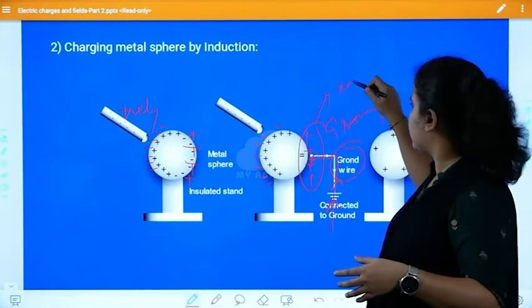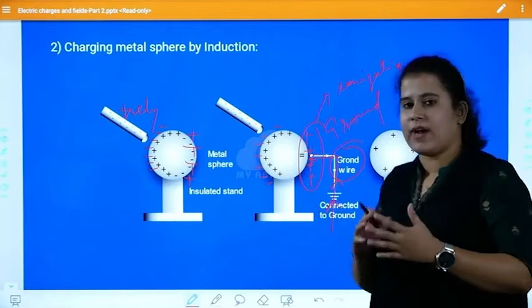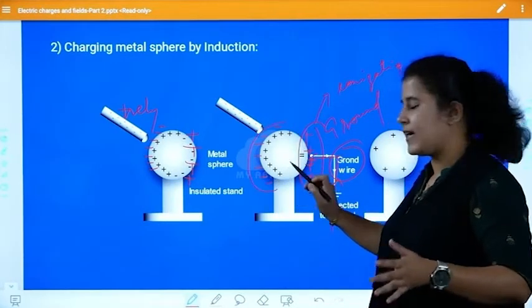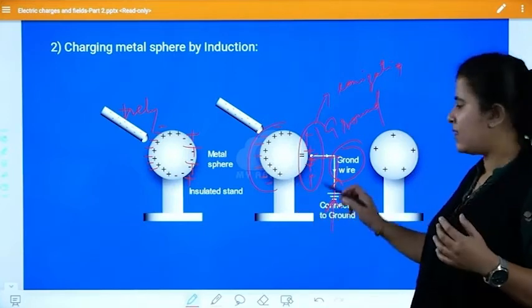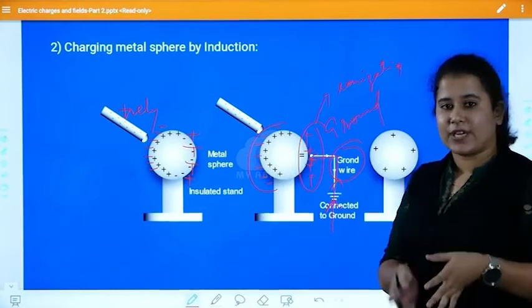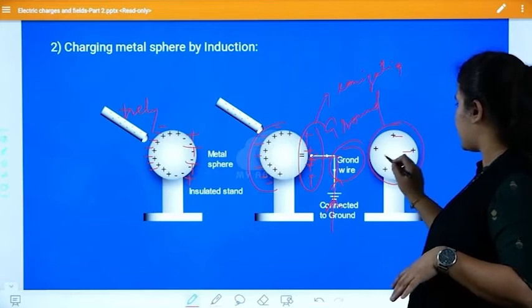Ionization happens. Ionization means positive and negative neutralize together here. But here only negative will be there, and after getting neutral, this sphere becomes negatively charged.